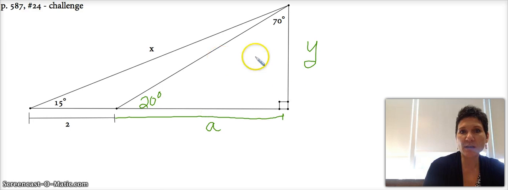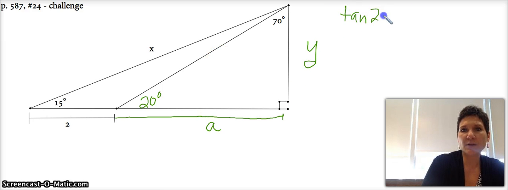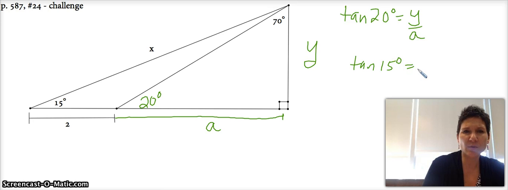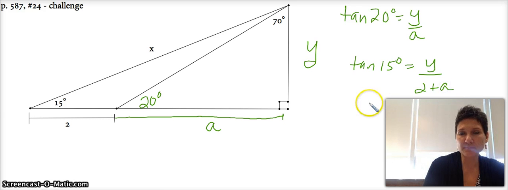So the tangent of 20 degrees is equal to y over a. And if I look at the big triangle, the tangent of 15 degrees is equal to y over 2 plus a.